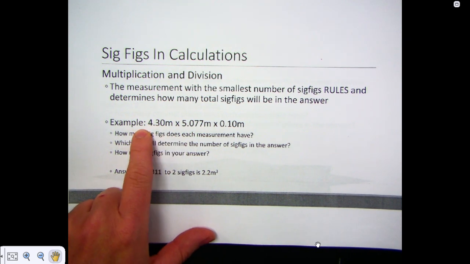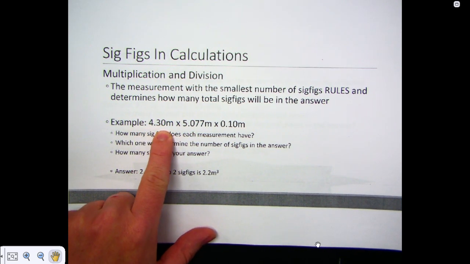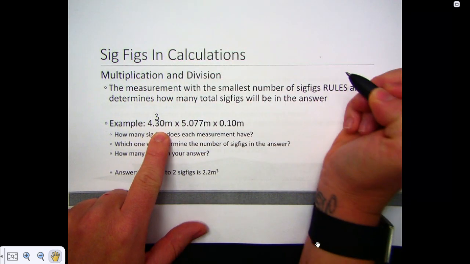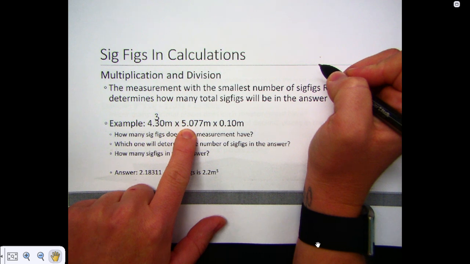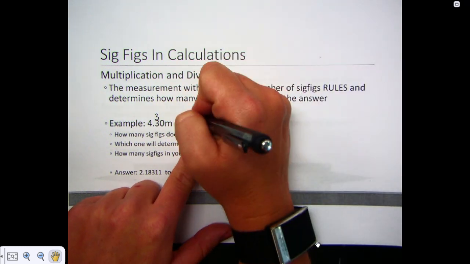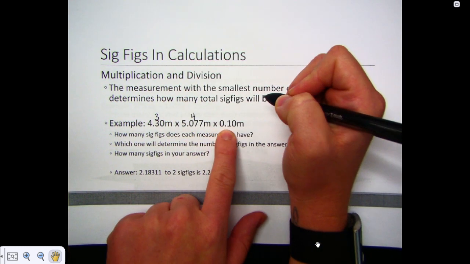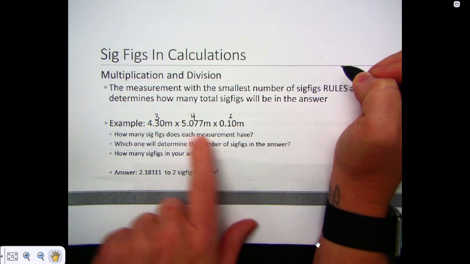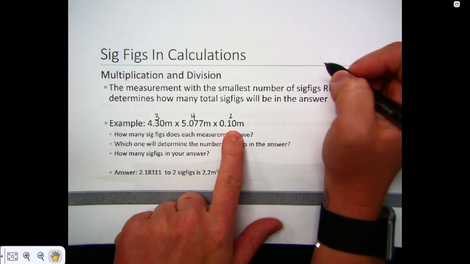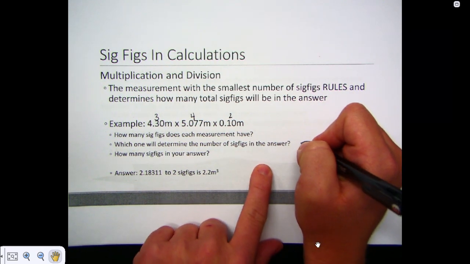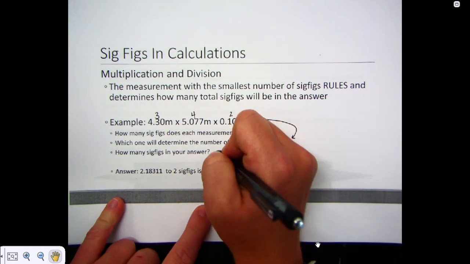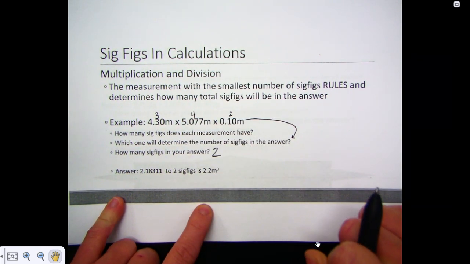So in the first one, 1, 2, this is following a decimal. This is 3 SigFigs. 1 sandwich, 2, 3, 4, and 0.10 would be 2. So that means that my least number of SigFigs is 2. So this one is going to determine how many I can have. My answer is going to have 2 SigFigs.